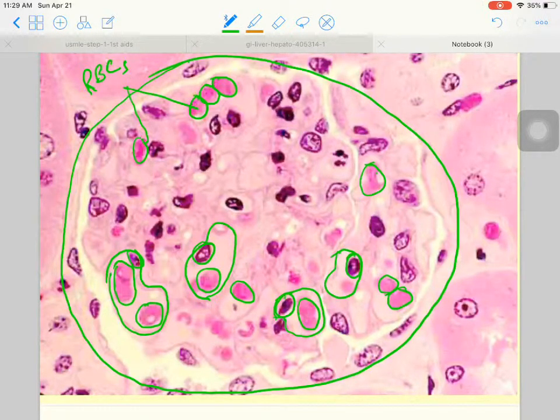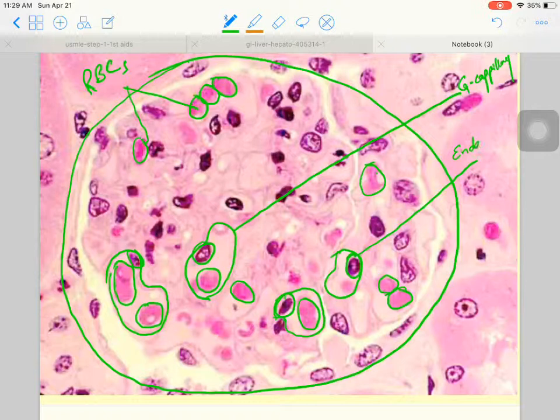So this is the glomerular capillary, and these are the endothelial cells. Endothelial cells have the nucleus, endothelial cell or endothelium.